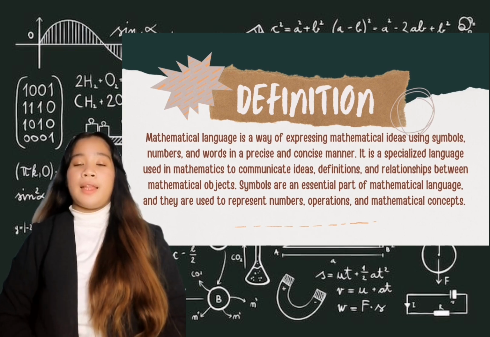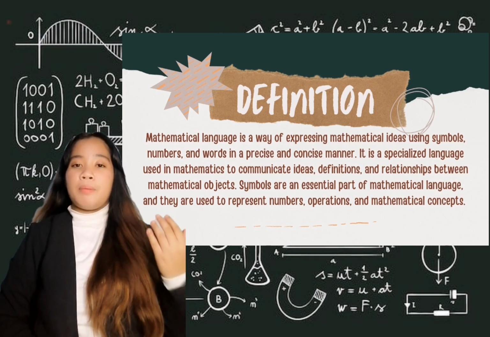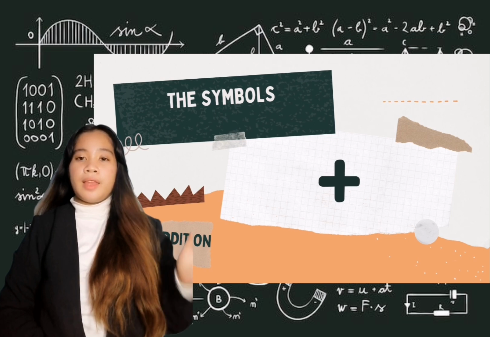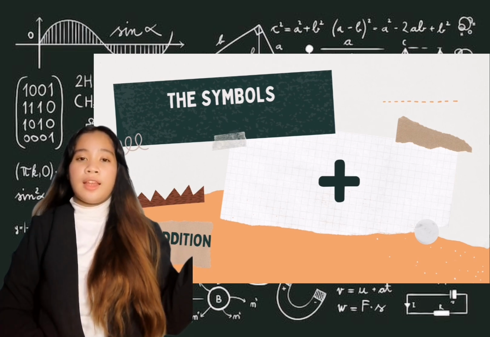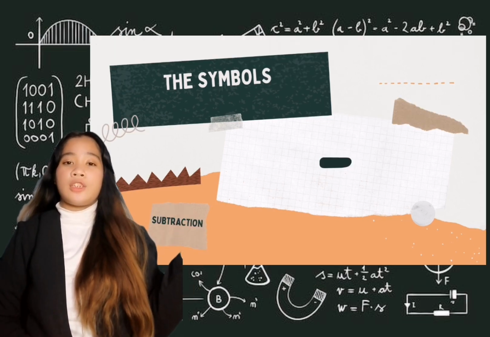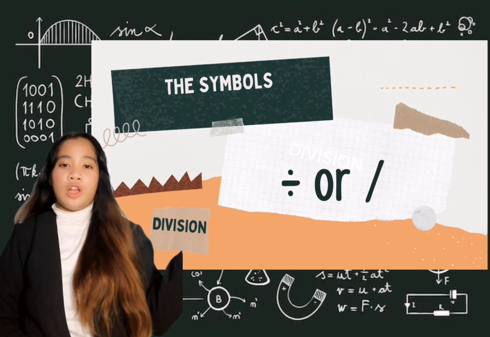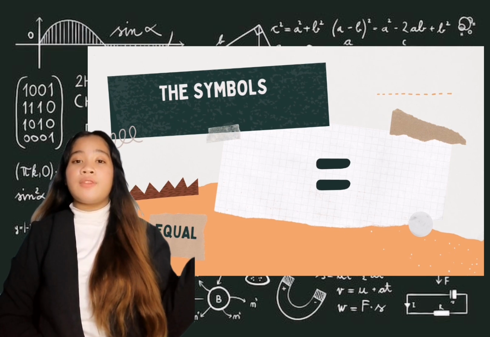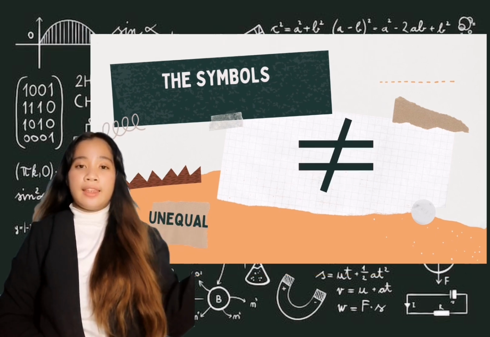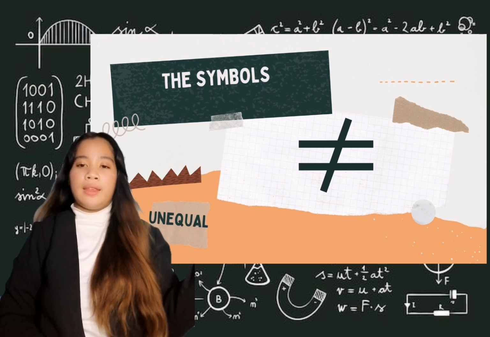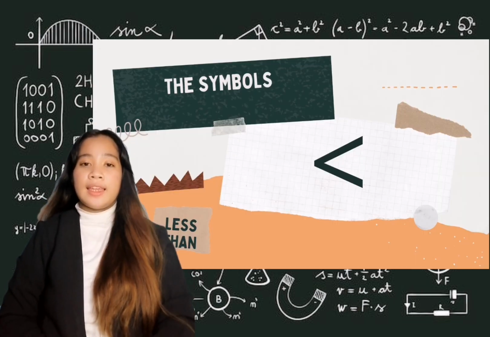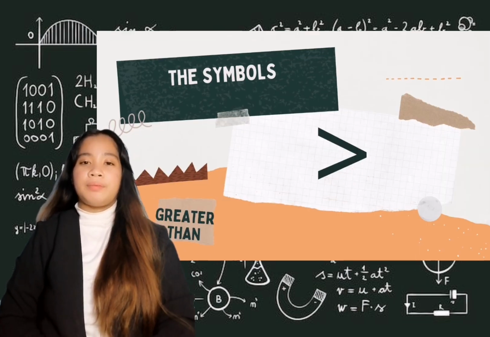Some common mathematical symbols include examples. This sign is for addition. This sign is for subtraction. This sign is for multiplication. This sign is for division, this sign is for equality, and this sign is for inequality. A sign for less than, and a sign for greater than.